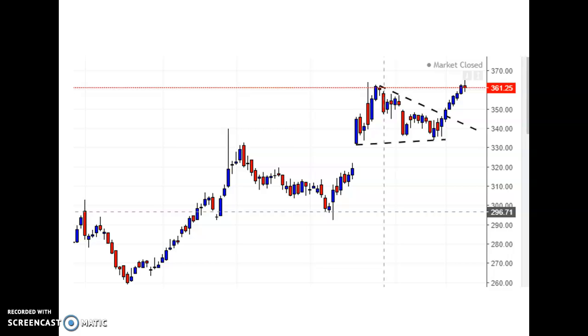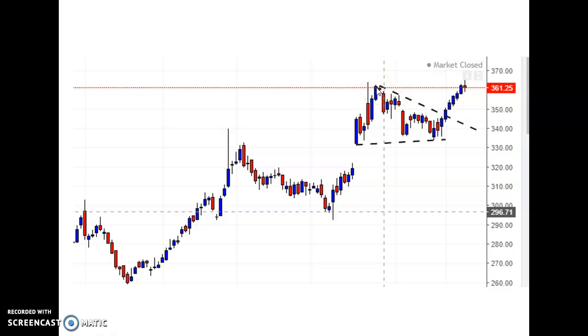Recently, after hitting a high of 363, SBIN has corrected to the 336 price level, where a key support level is seen and a double bottom has formed. It bounced from around these levels and formed a double top and a doji candlestick around the 361.25 recent close.